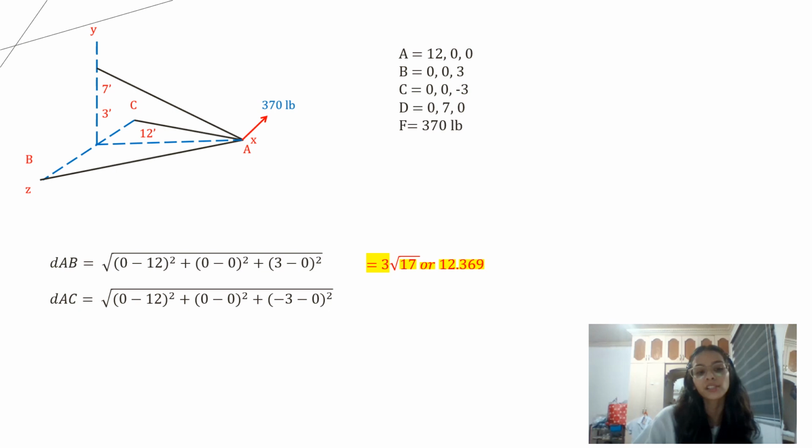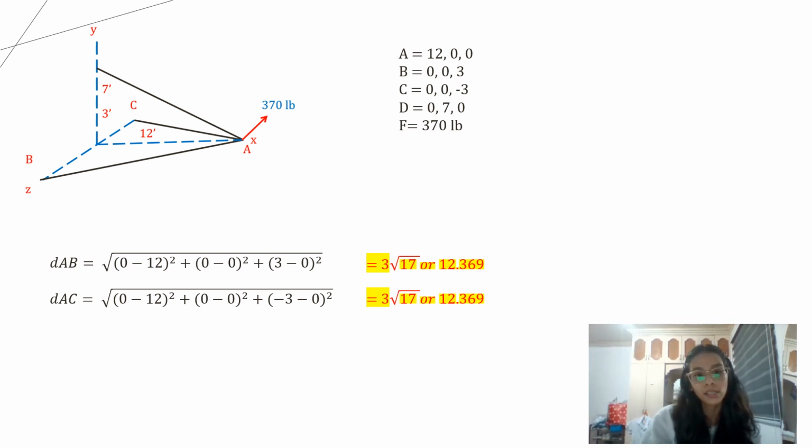And for our distance AC, we have 0 minus 12 squared, 0 minus 0 squared, and negative 3 minus 0 squared. The answer is 3 square root of 17, or 12.369. Since they have the same measurements, we come up with the same answer.